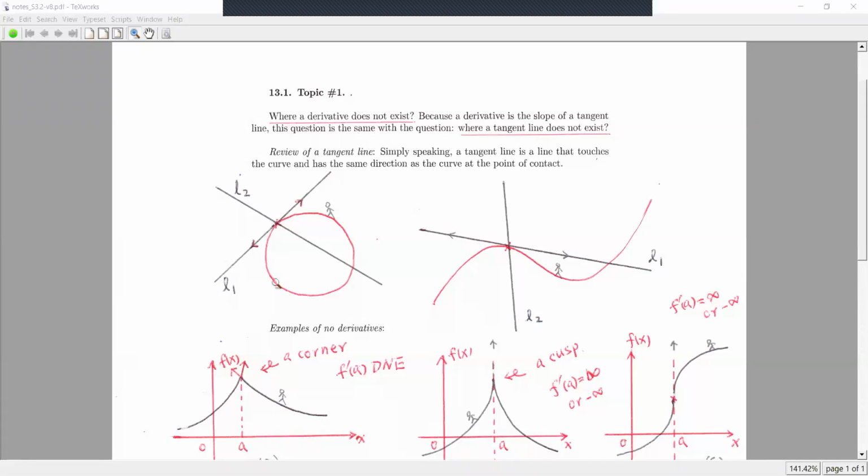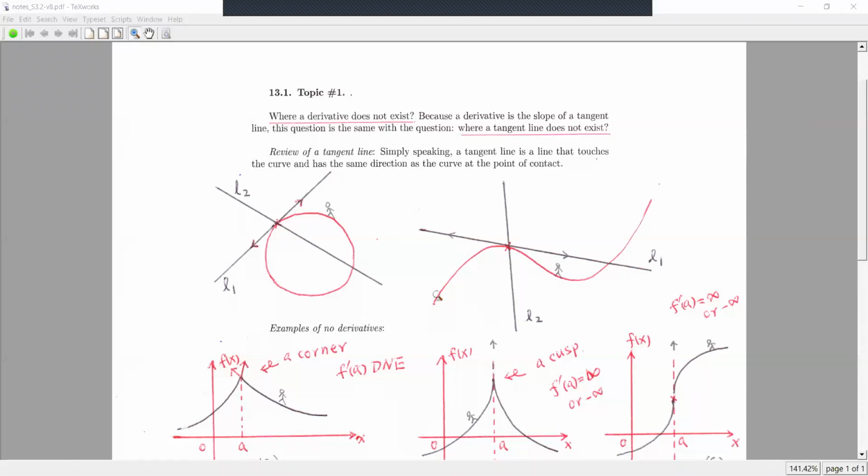Walk from the other side. When I pass the point of contact, my walking direction is this direction. These two directions are the direction of the circle at this point. Line L matches these two directions. So line L is a tangent line at this point.